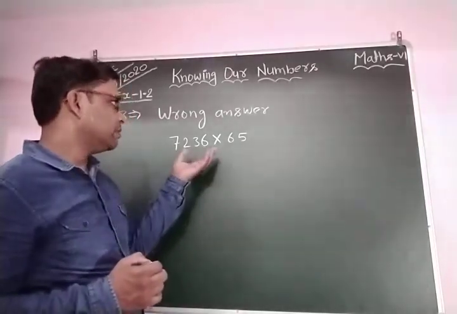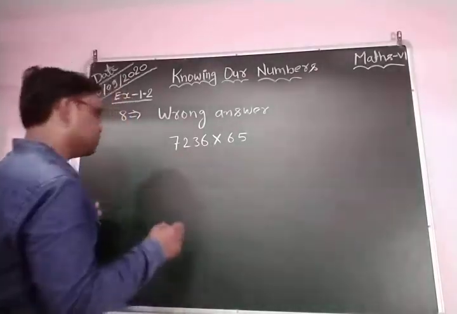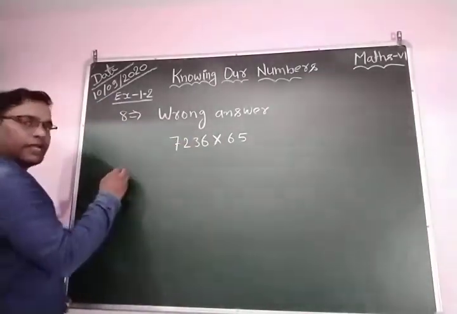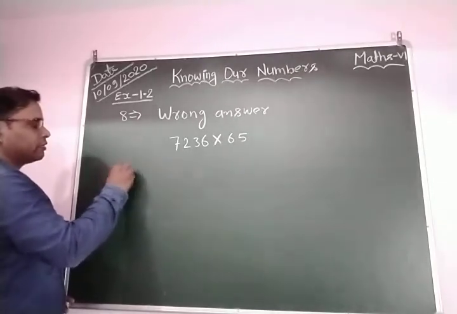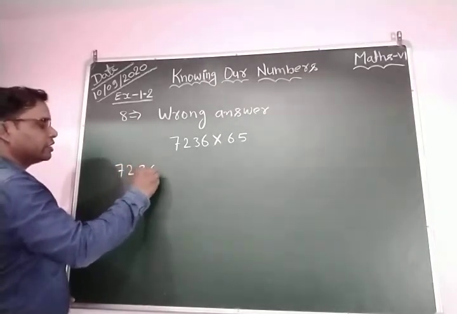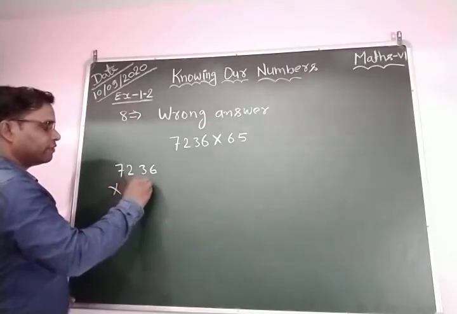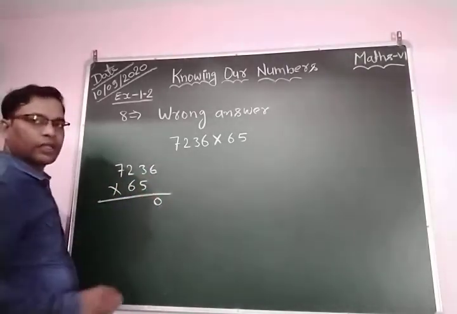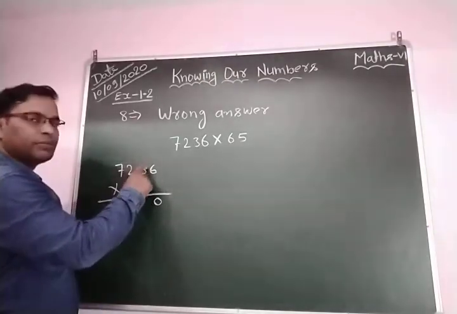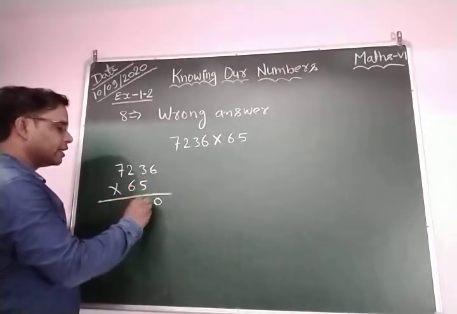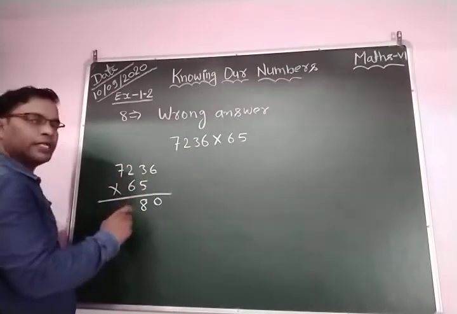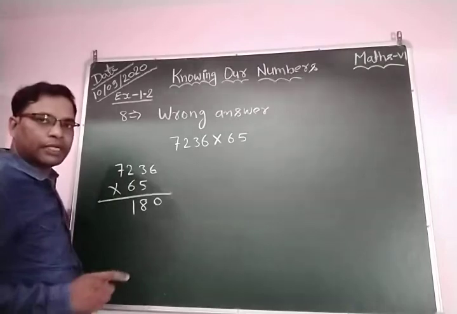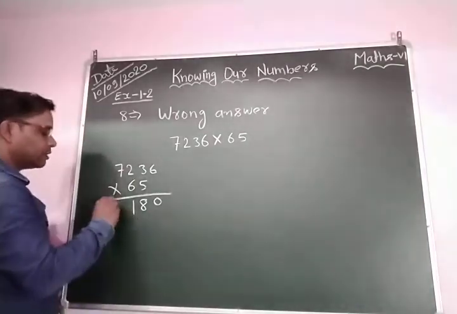So let's see the multiplication of 7,236 into 65 by this method. 5 sixes are 30, carry 3, 5 threes are 15, 15 plus 3 is 18, carry 1, 5 twos are 10, 10 plus 1 is 11, carry again 1, 5 sevens are 35, 35 plus 1 becomes 36.